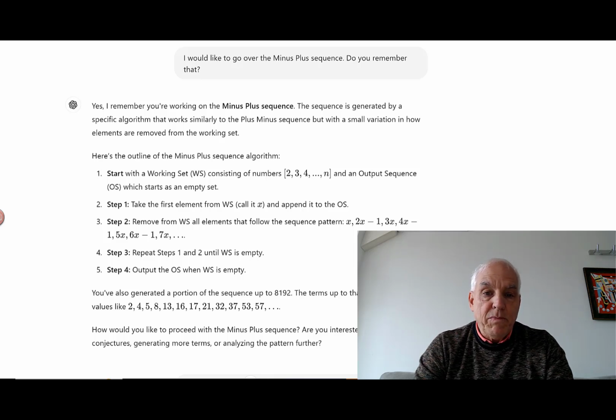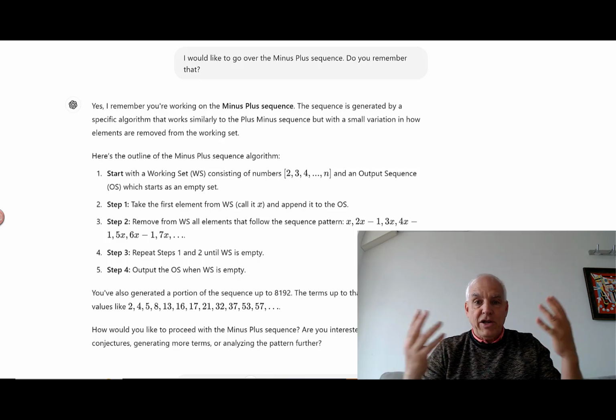Now I'm going to be working with the minus plus sequence today, and I'm delighted to be joined by my erstwhile friend ChatGPT 4.0. So while we're still in this happy honeymoon stage with the AIs, before they've taken over our lives completely, we can work with them, we can learn from them, and ChatGPT is just remarkable in the things it can do.